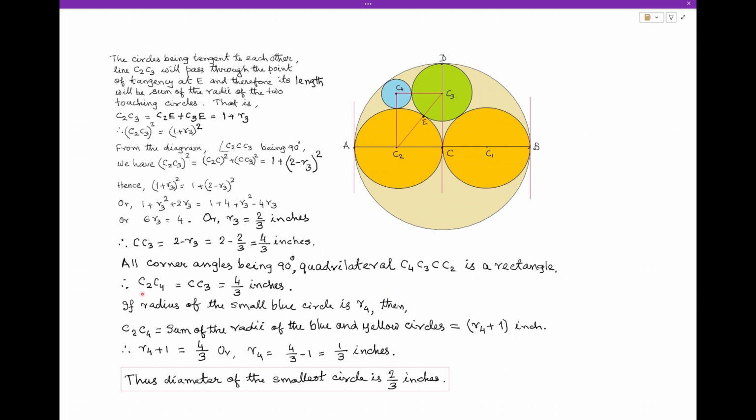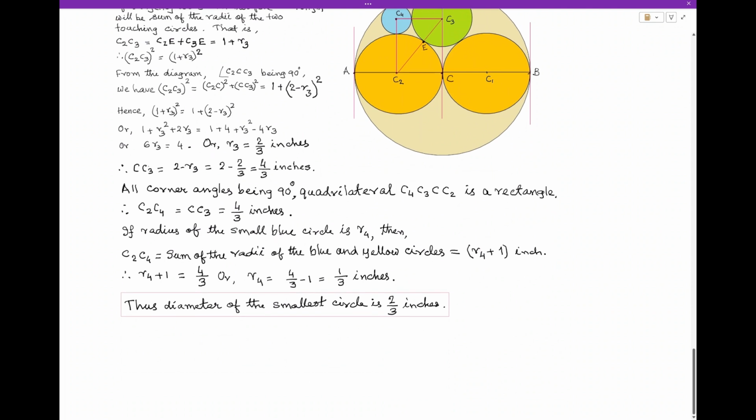Therefore, C2C4, that is this, is equal to CC3, that is equal to this, is equal to 4 by 3 inches. If the radius of the small blue circle is R4, then C2C4, that is this, which is the sum of the radii of the blue and yellow circles, is equal to R4 plus 1 inches.